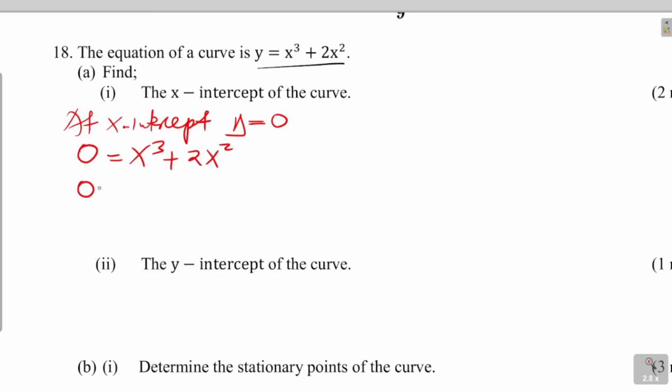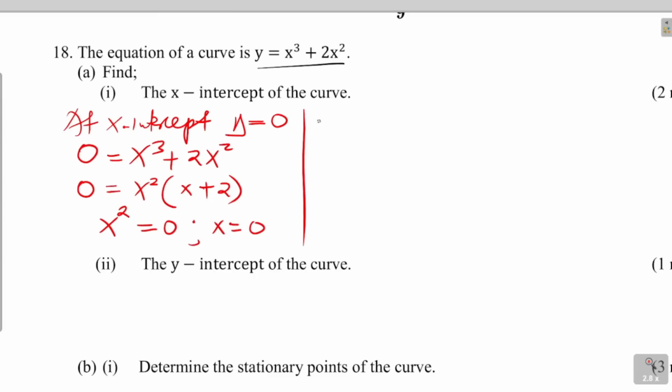So you can solve for x here. Factorize: x squared is common. You remain with x plus 2. This will give either x squared equals 0, so x equals 0, or x plus 2 equals 0, so x equals negative 2.